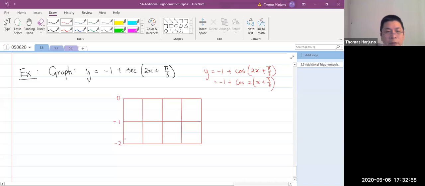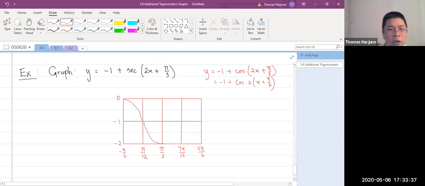The phase shift is -pi/6, plus the period is pi, this is 5pi/6. 4pi/6 becomes 2pi/3. Pi/4, this is 7pi/4. And the graph of cosine, therefore, looks like this.